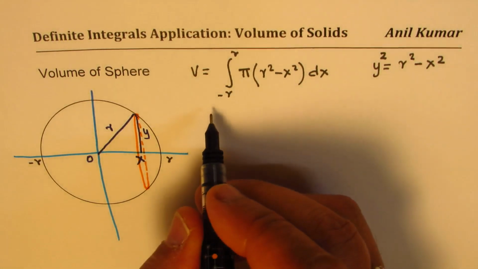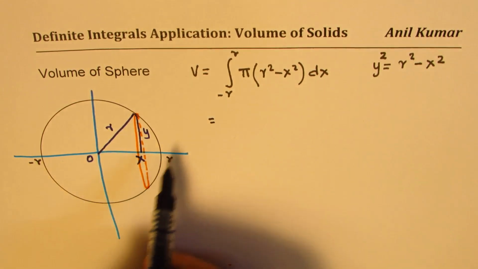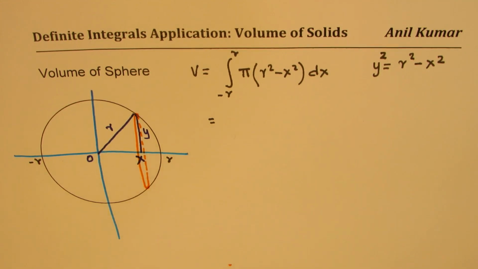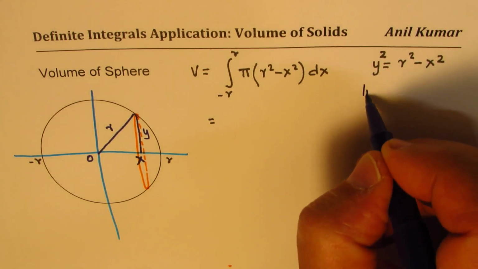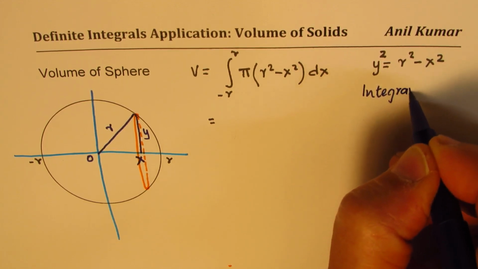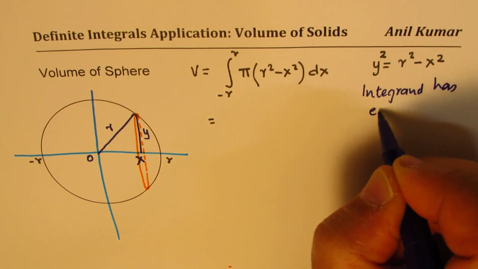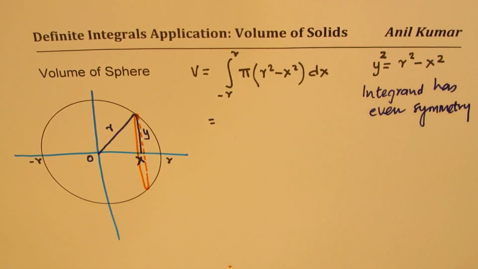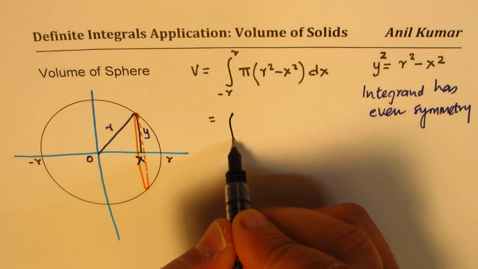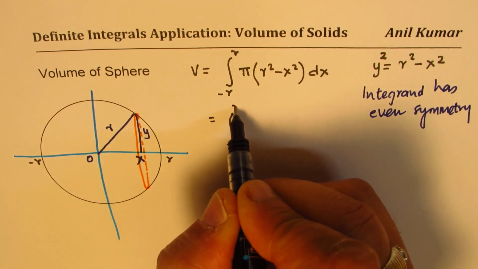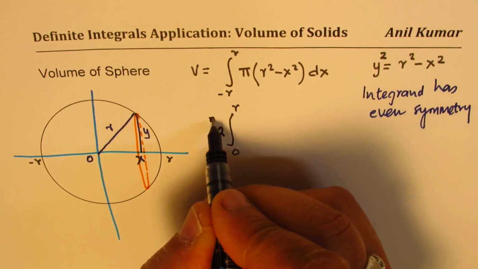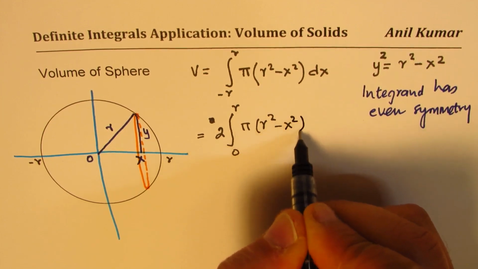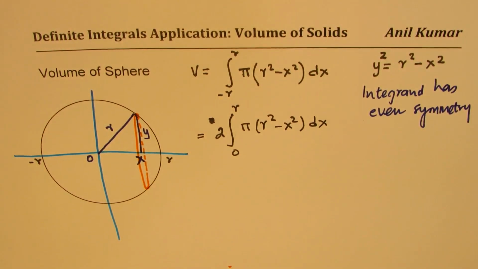Perfect. Now let's continue. This integrand here is symmetric, it has even symmetry, and therefore we can say that this is equal to 2 times the integral from 0 to r of pi (r squared minus x squared) dx.